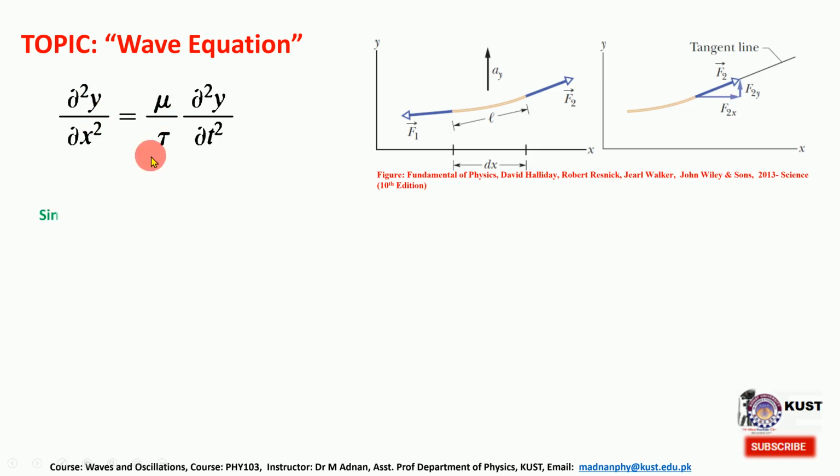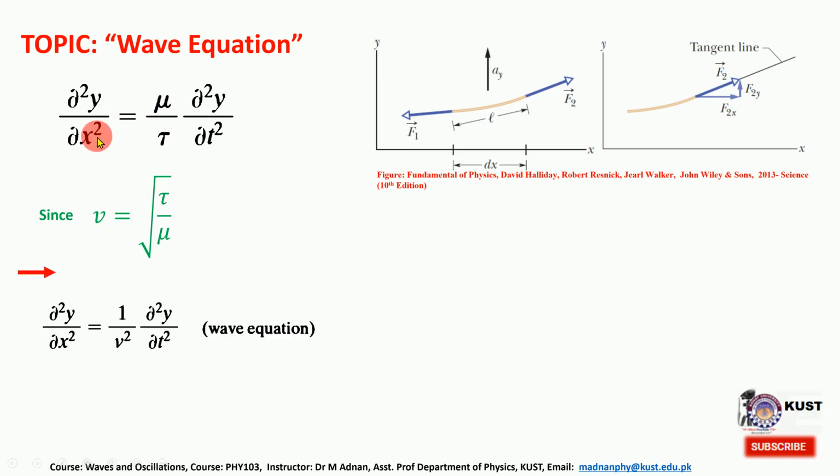Now, we know that the speed of the wave along the string can be expressed as the square root of tension over the mass per unit length, or the inertia factor, so that mu over tau can be expressed as 1 over v squared. This expression takes the general form of the wave equation, which is not limited only to the wave traveling along a string.